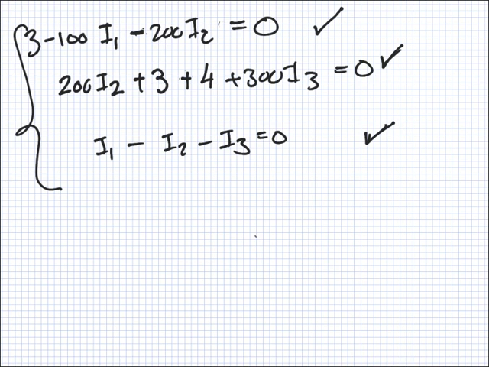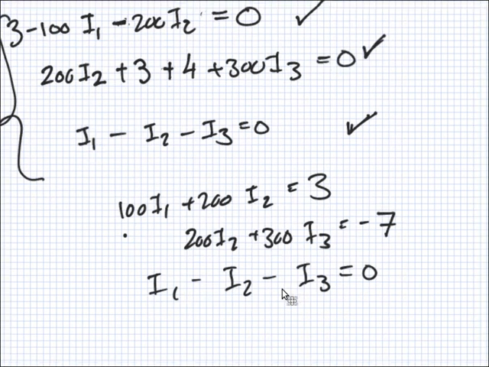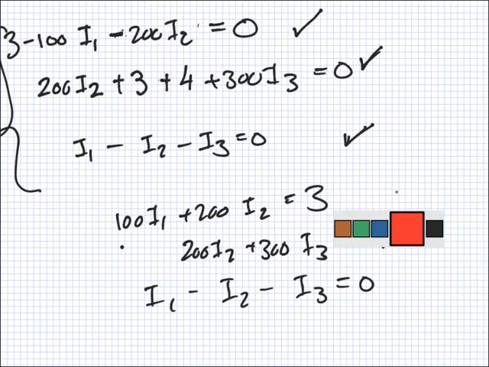Are we okay? 100 I1 plus 200 I2 equals 3. 200 I2 plus 300 I3 equals minus 7. And then I1 minus I2 minus I3 equals 0. Right, oh, big numbers.